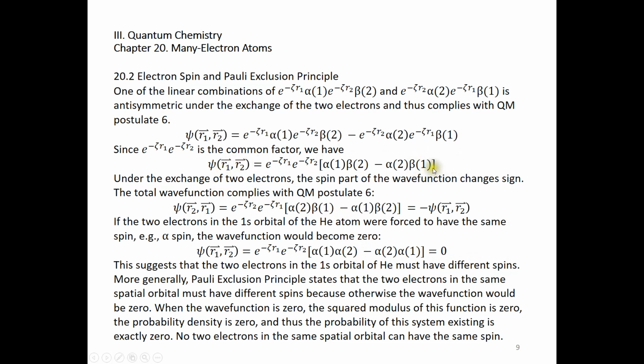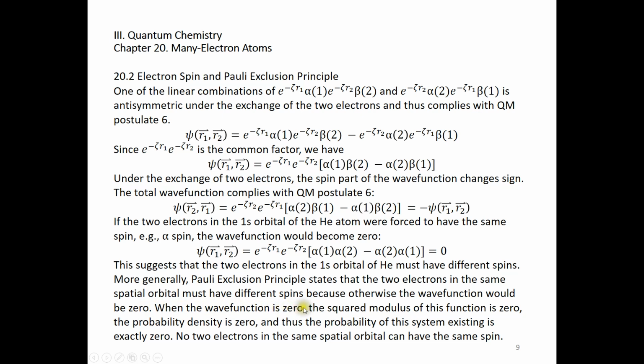The probability is 0. Now, more generally, the Pauli exclusion principle states that two electrons in the same spatial orbital must have different spins, because otherwise the wave function would be exactly 0. The probability of finding two electrons with the same spatial quantum number and the same spin quantum number is just 0.